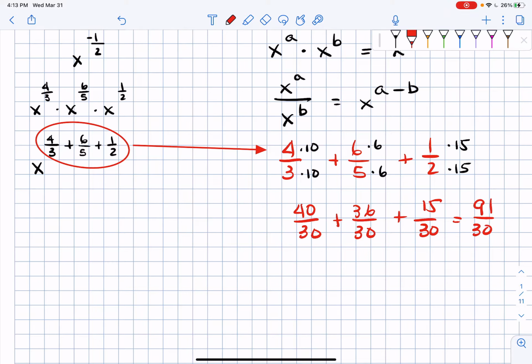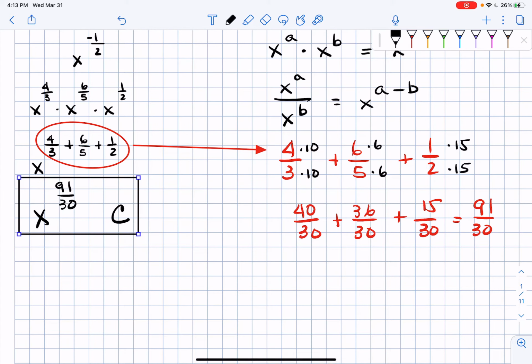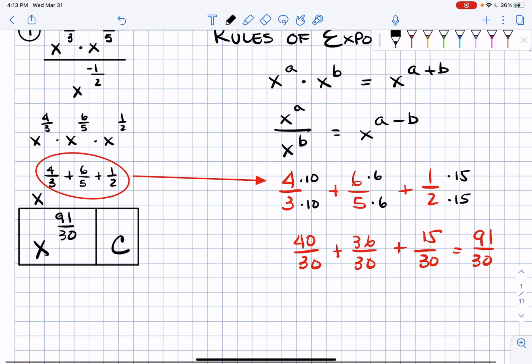All right, so that means over here I have x to the 91/30. That would be my answer, which is choice C. That's correct, choice C. All right, so that's number 1.